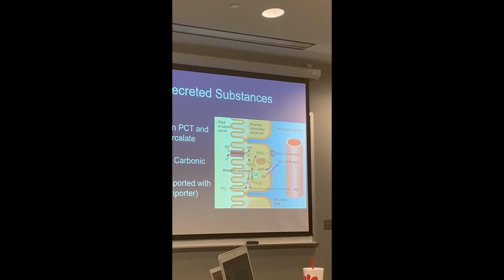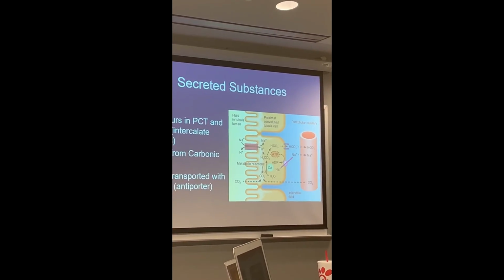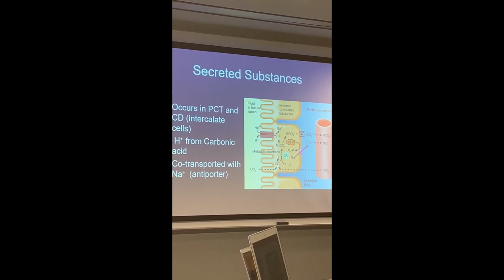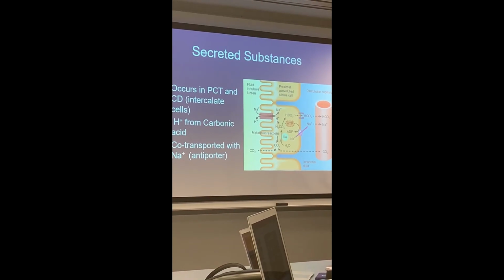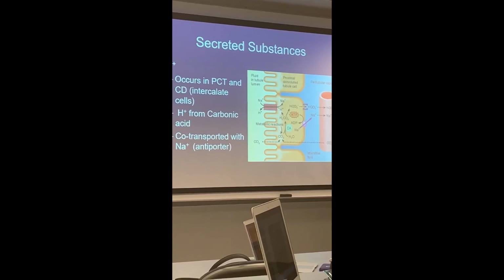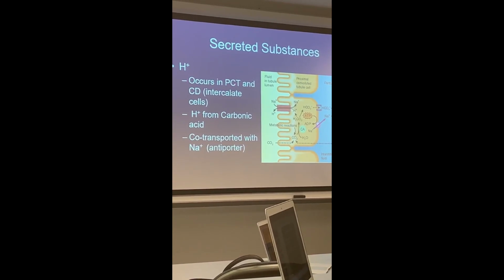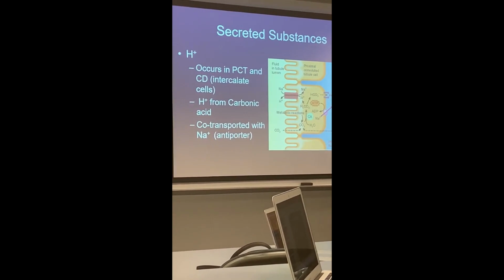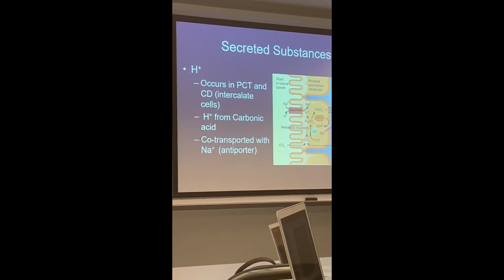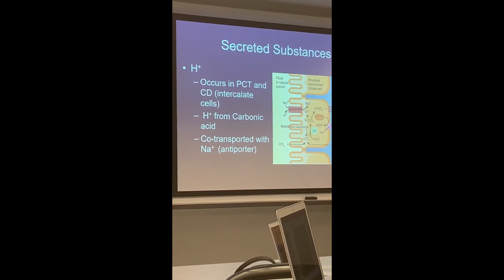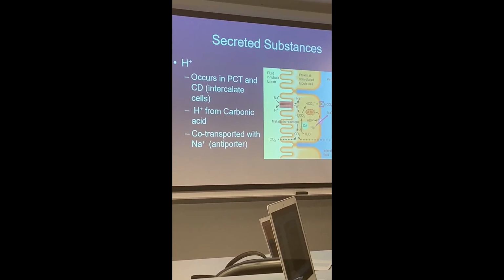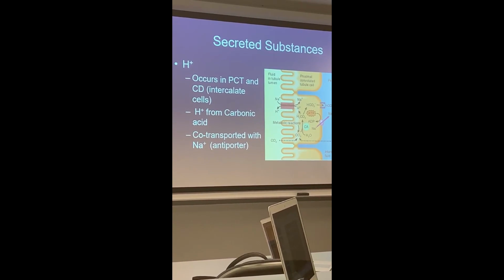All right. Now we also will secrete protons. There's two reasons that we will secrete protons. We're going to talk about the first reason here. This first reason, we're secreting the protons in order to reabsorb bicarbonate. There's a mechanism to reabsorb bicarbonate. It's rather convoluted.